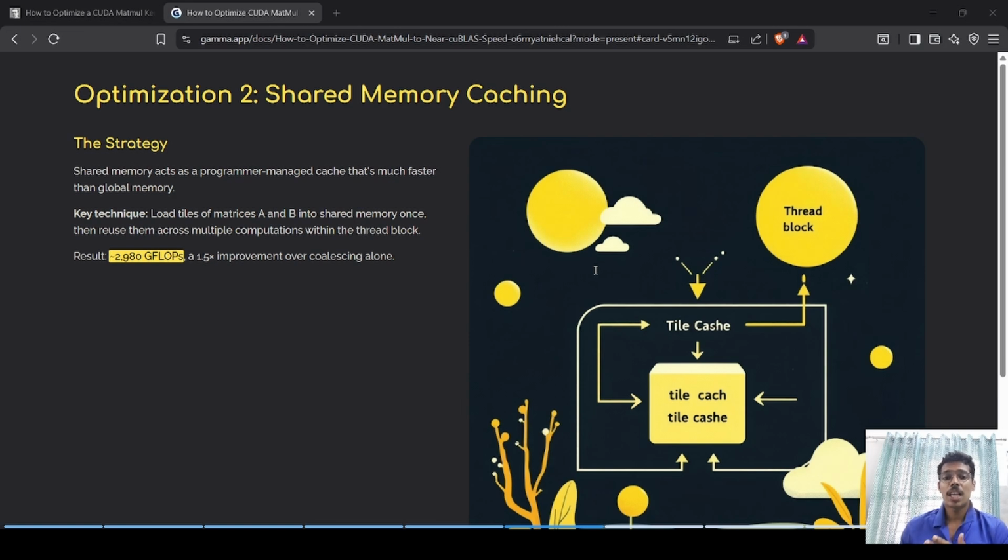Instead of reading the same values from global memory again and again, we load small tiles of matrix A and B into shared memory. Now threads can reuse the data multiple times. This increases the performance to around 2980 gigaflops, and you can literally feel the GPU say, finally you are using me properly.